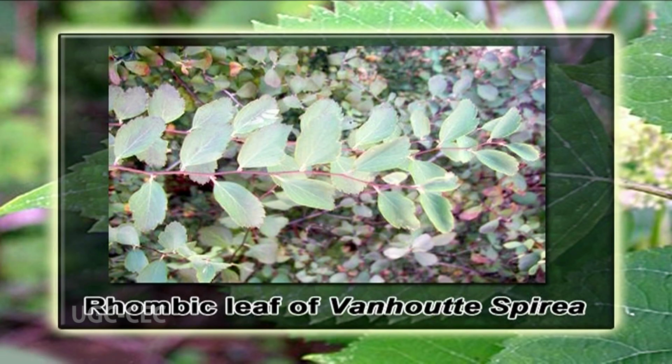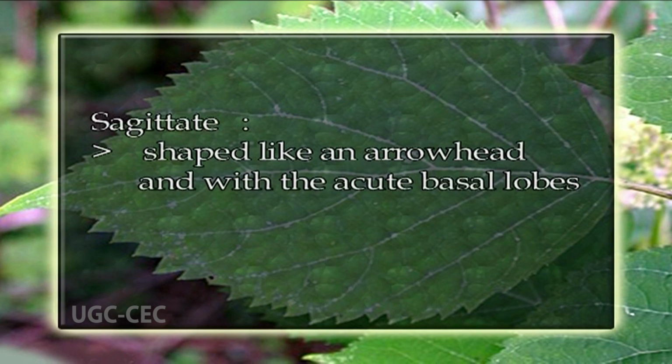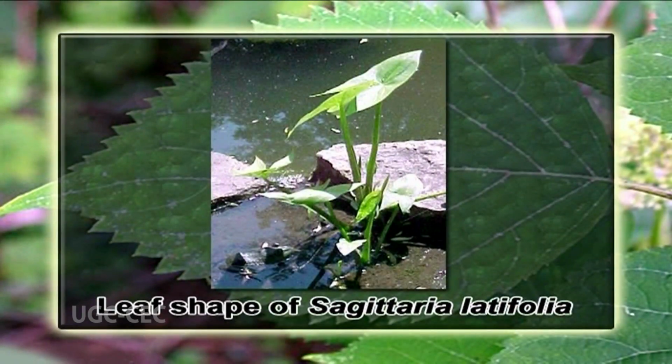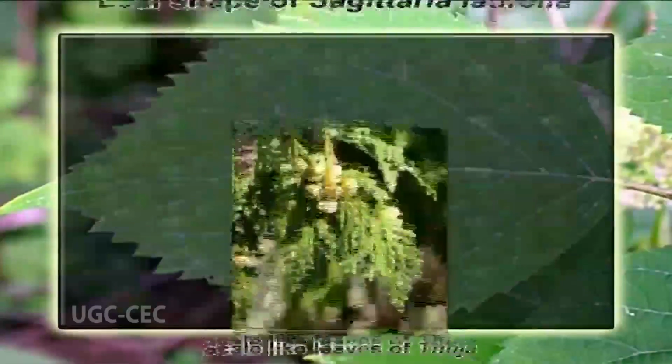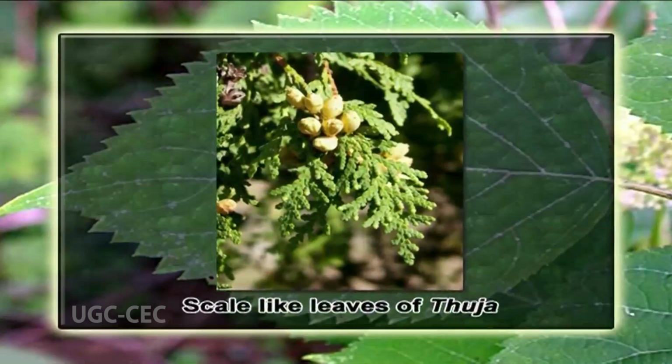For example, Vanhoutte spirea. Then sagittate, shaped like an arrowhead and with the acute basal lobes pointing downwards or concavely towards the stalk. For example, Sagittaria latifolia. Then scale-like, leaves overlap alternating down the stems.